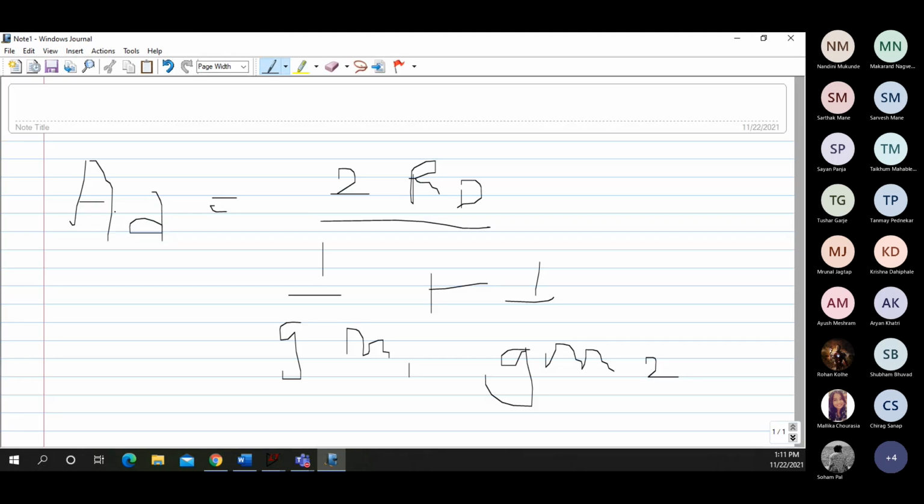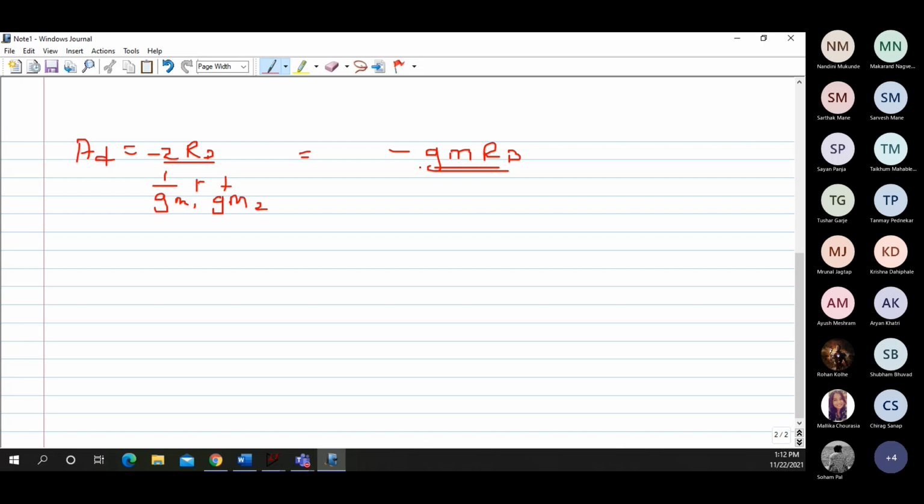So AD is 2 times Rd upon 1 by Gm1 plus 1 by Gm2, and here it becomes minus Gm times R.